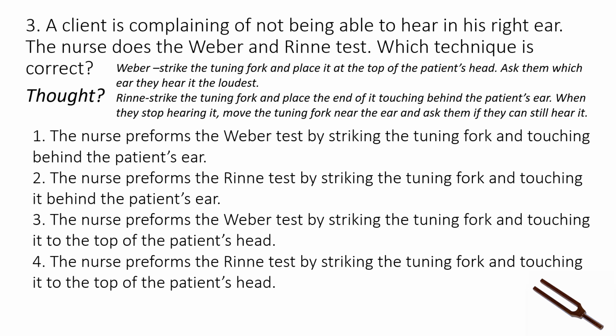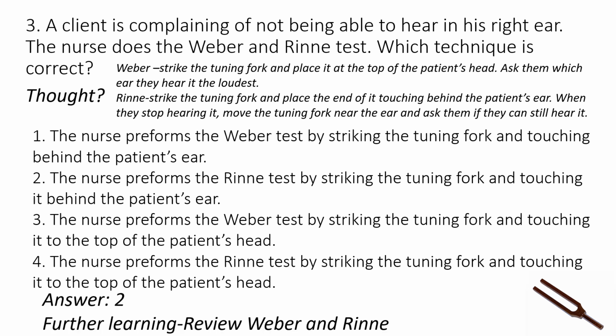So that's a bit wordy, but the answer is number 2. The nurse performs the Rinne test by striking the tuning fork and then touching it behind the patient's ear. That is the first step in the Rinne test.